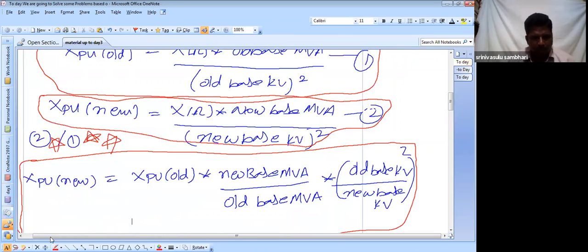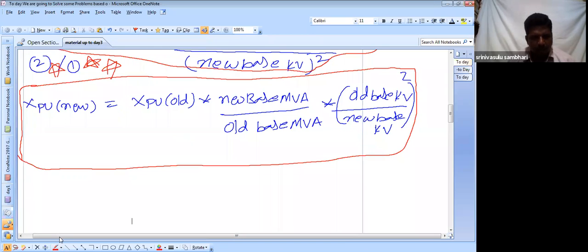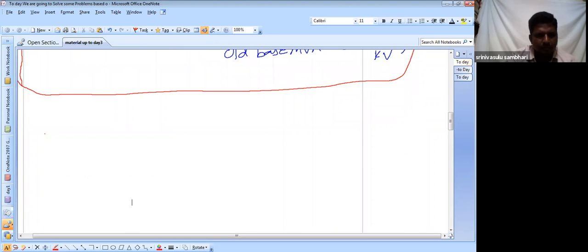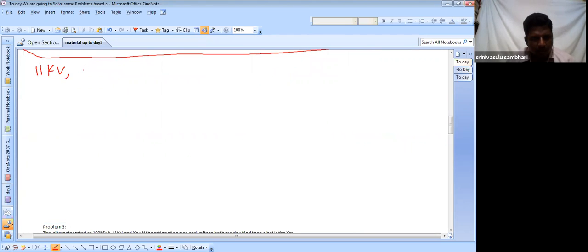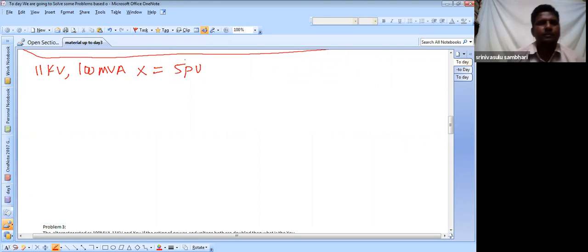Now see here, normally what is given? 11 kV, 100 MVA, X equal to how much? 5 per unit. Yes or no? Now this is the given data.